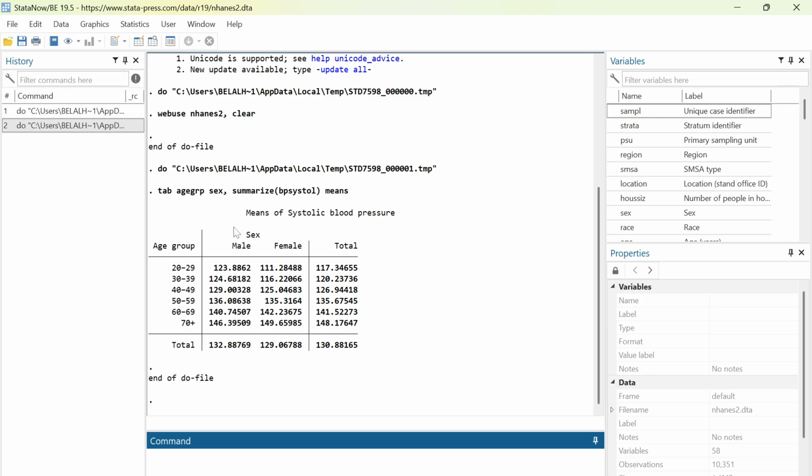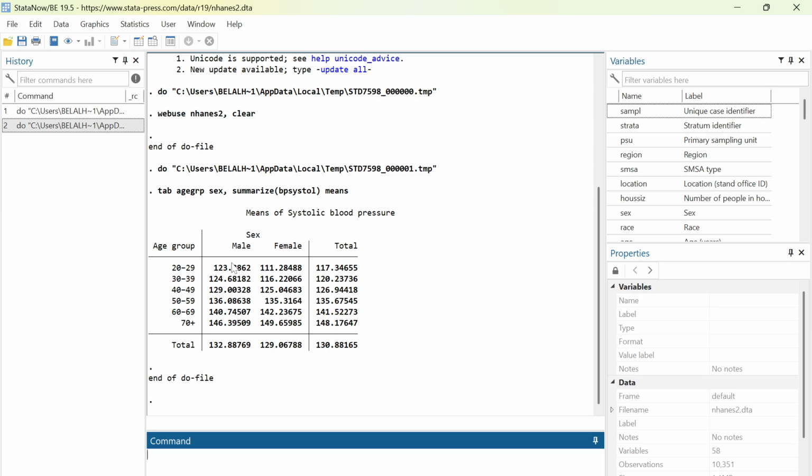First, you can see the age groups starting from 20 to 29, and the last, oldest age group is 70 plus, and that is disaggregated by sex, male and female. These are all based on means of systolic blood pressure.